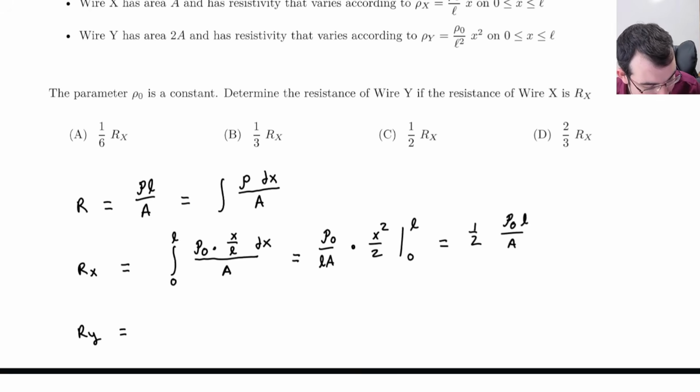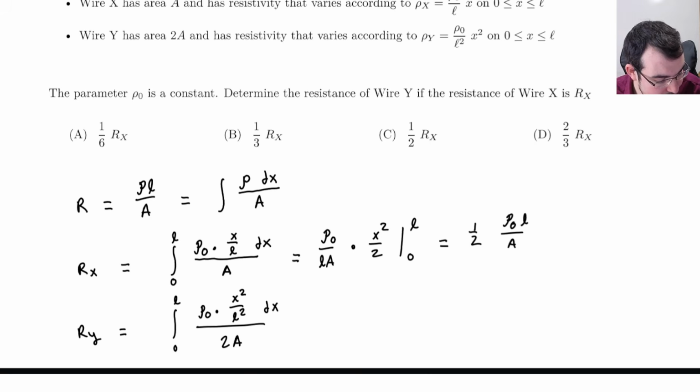Now for Y, it's going to look very similar, except now we're squaring the x over L that lives up here, and our area is now 2A.